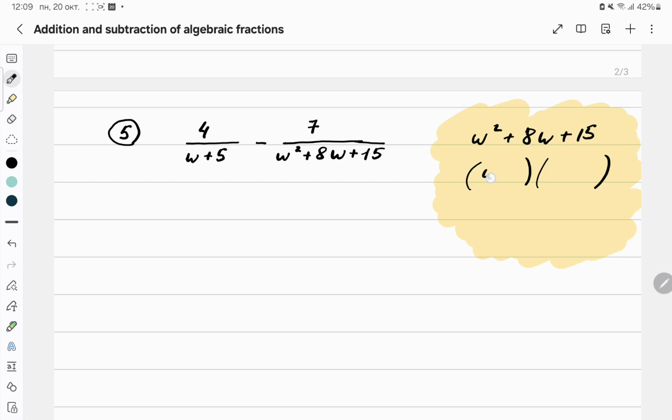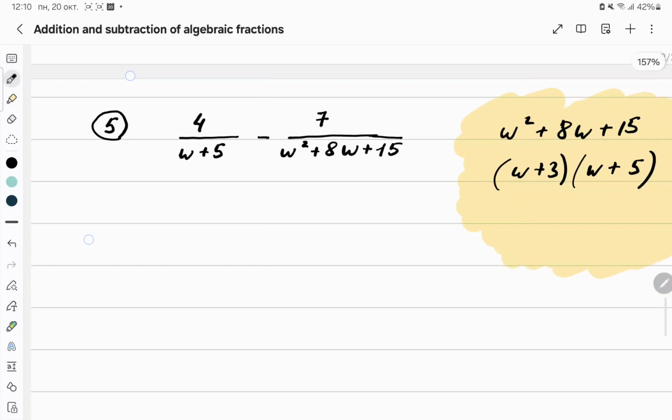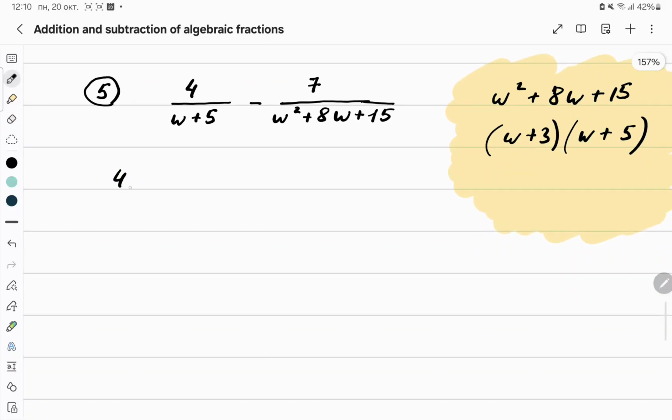It's 2 brackets. The factors of 15 are 3 and 5, right? 3 plus 5 gives us 8 in addition. So it means that we can write this second fraction in this form: w plus 3, w plus 5.